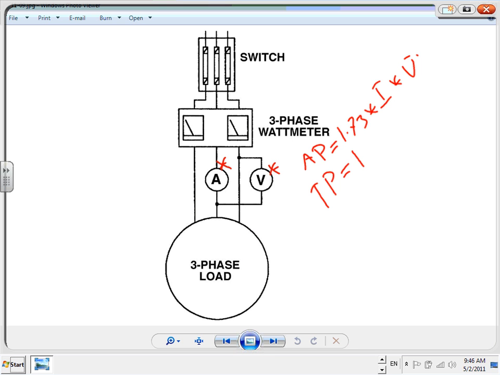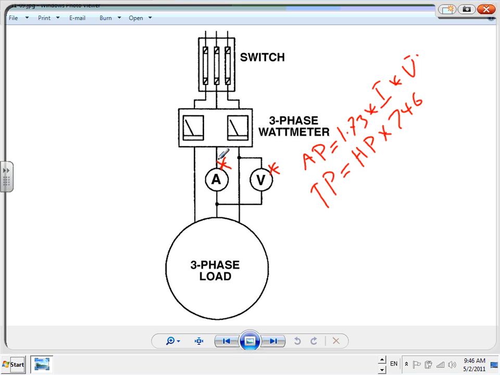The true power for a motor, including the efficiency, is the horsepower times 746. So you take the true power divided by the apparent power, and you get the power factor of the system. There's some efficiency going in here, guys.